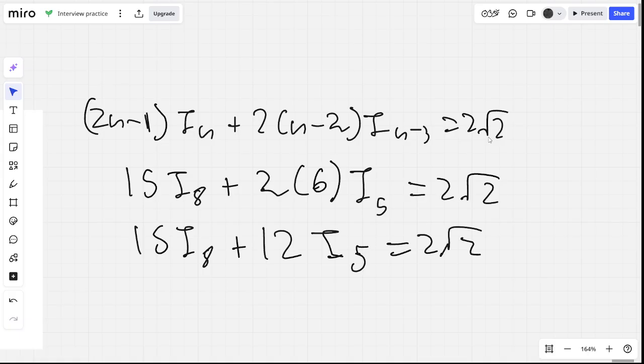If I put 5 in there, it's going to be 10 minus 1, 9 I5, plus 2 times 5 minus 2, 3, 6 I2.